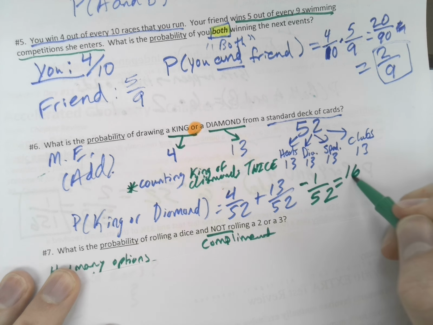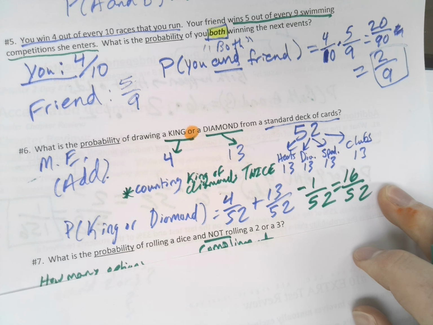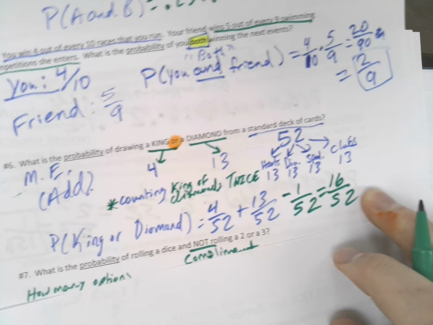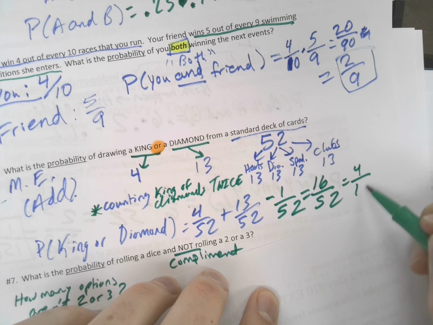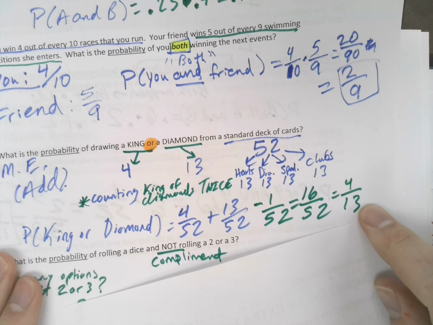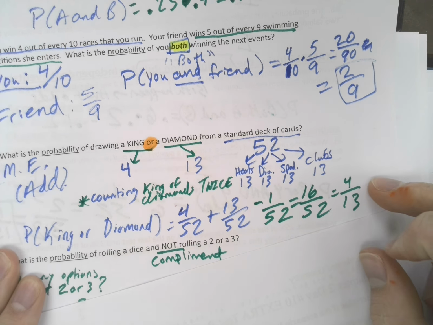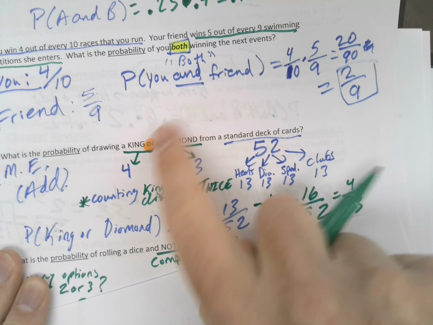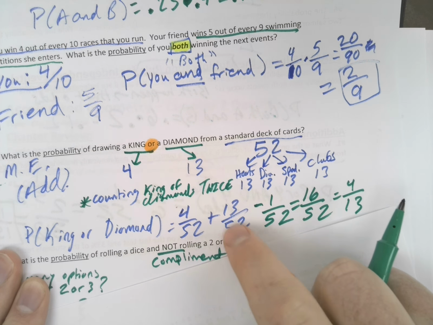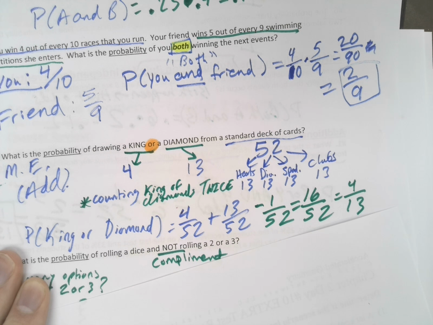You get 16 out of 52, which reduces down to 4 out of 13. So not great odds, but actually not as bad as you would think. And the reason that really saves that is because of the diamonds, right? If a fourth of the deck are diamonds, that's going to help your chances quite a bit.